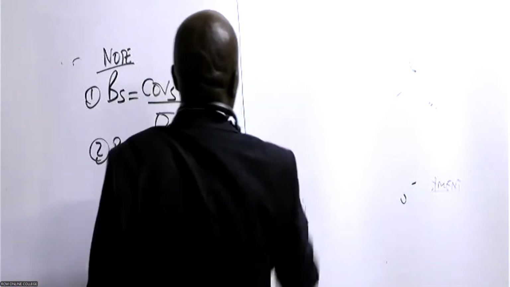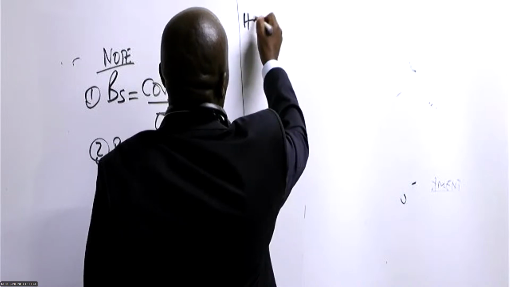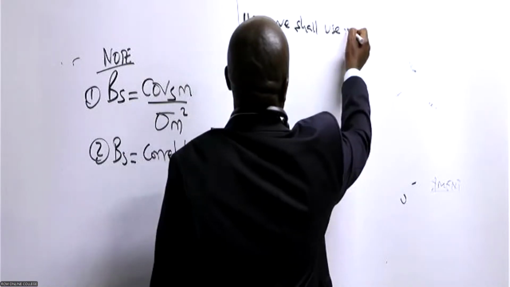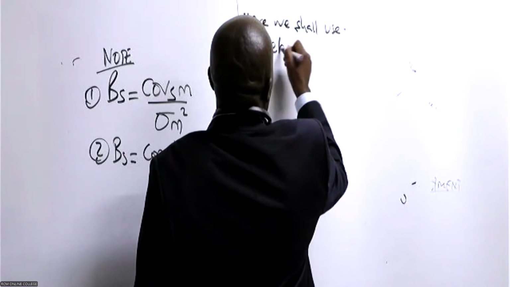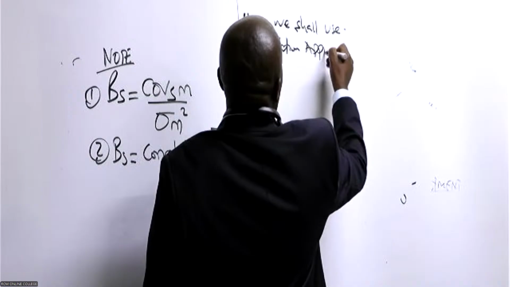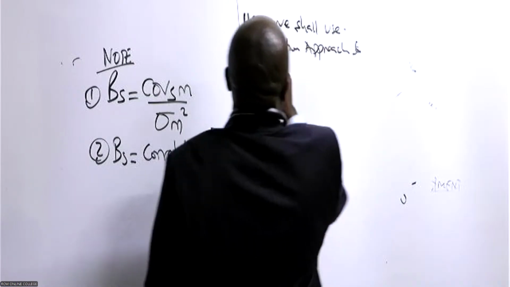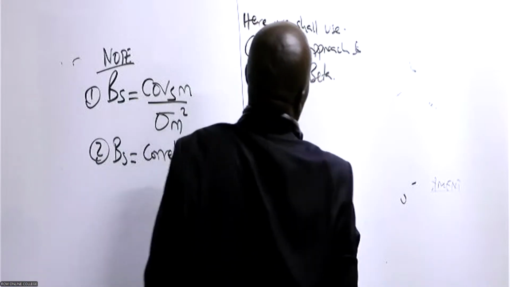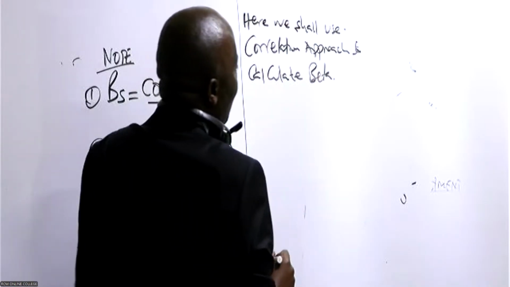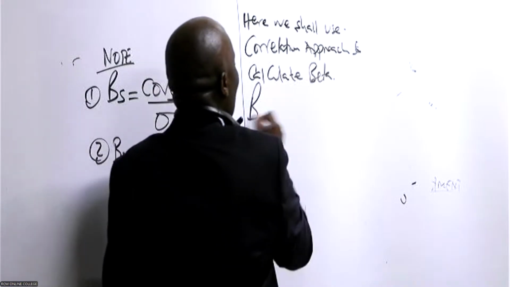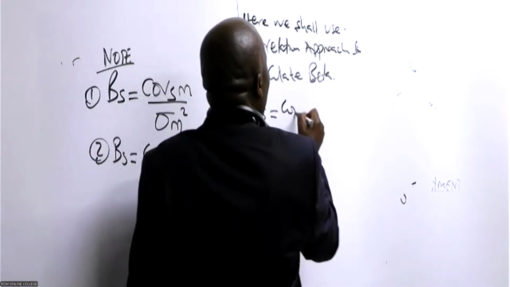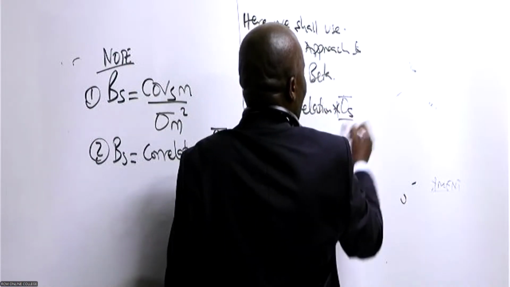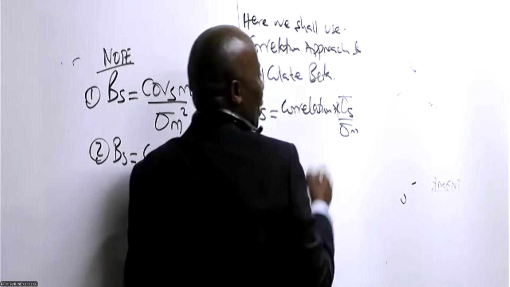Here we shall use the correlation approach to calculate beta, because they've given us correlations. To get beta of the security, I take the correlation provided and the standard deviation of the security over the standard deviation of the market, ignoring the percentages.